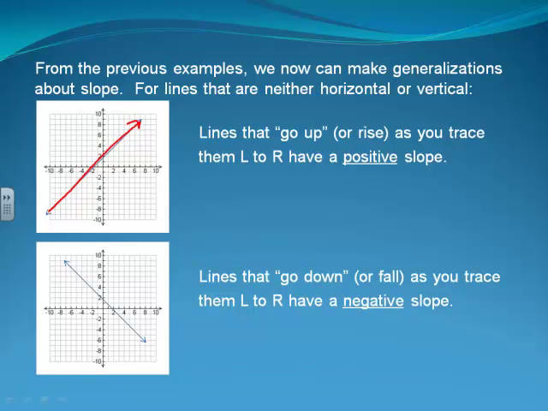Might be a positive 2, might be a positive 1/2, might be a positive 9, but it will be a positive number if it goes uphill or rises as you trace it left to right. If you have a line that goes down or falls as you trace it left to right, then those lines will always have a negative value associated with their slope. And if you look at the examples we did prior to this, you'll see that that was true.